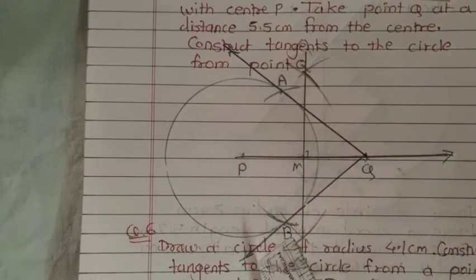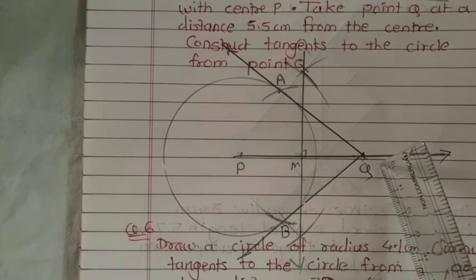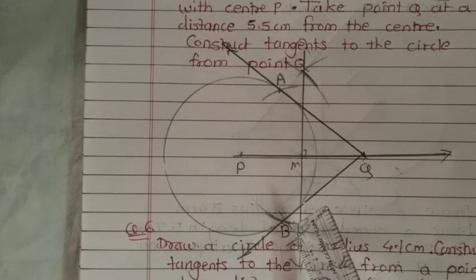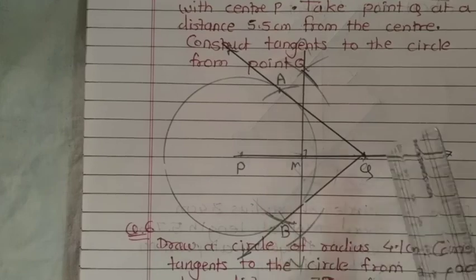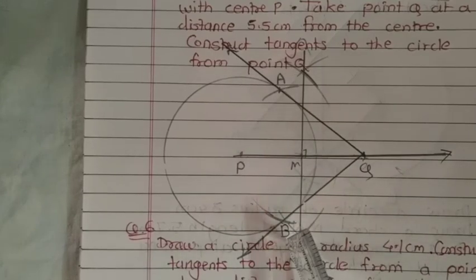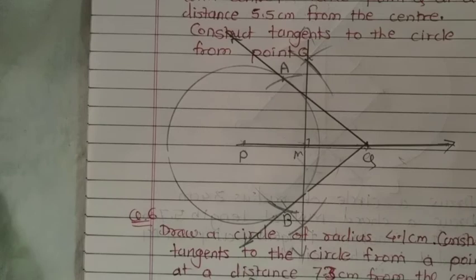QA and QB are the tangents to the circle from point Q. The touching points are A and B respectively. Segments QA and QB are the tangent segments, and for our verification, the length of tangent segments is always the same. We can verify whether our tangents are right or wrong.